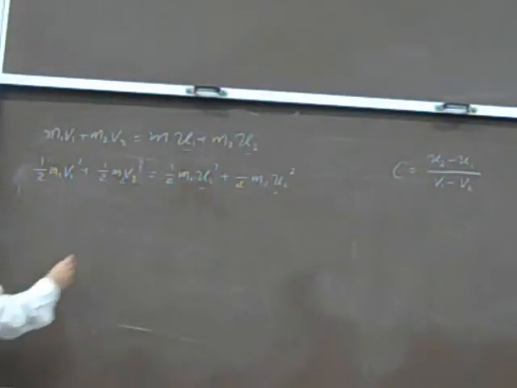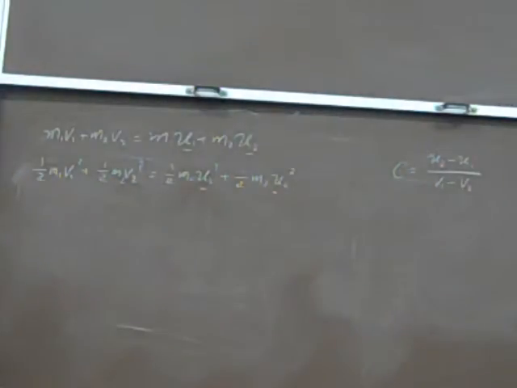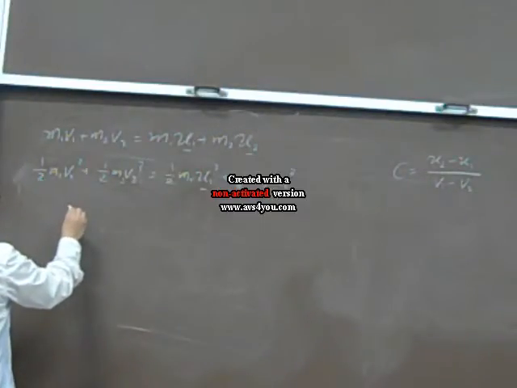Now we try to solve these equations. It's a purely mathematical problem, but there is some trick. Of course, the first thing you want to do is simplify the second equation. Every term contains a 1/2, so you can cancel the 1/2.